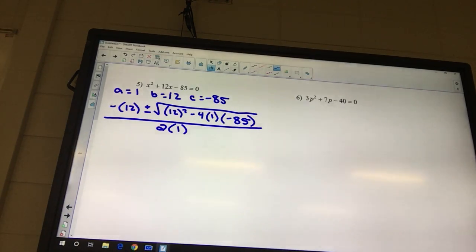Now on your calculator, you hit square root. You check it out, so parentheses 12 squared. You almost forgot it again. Then minus 4 times parentheses.